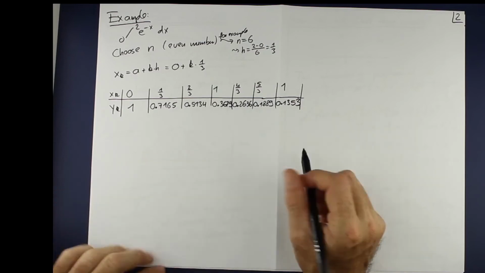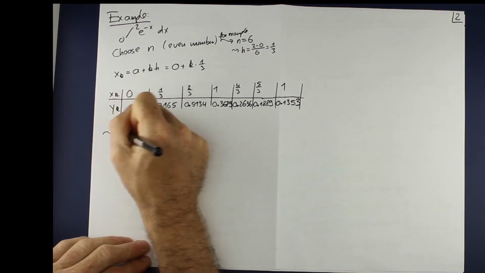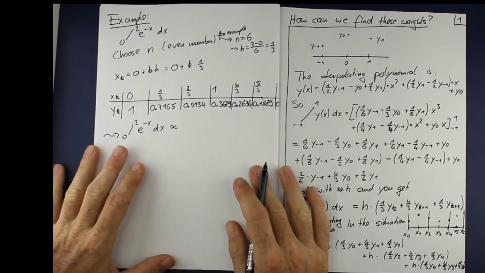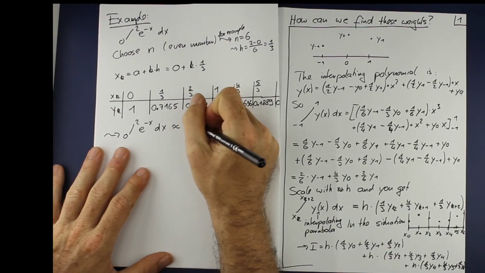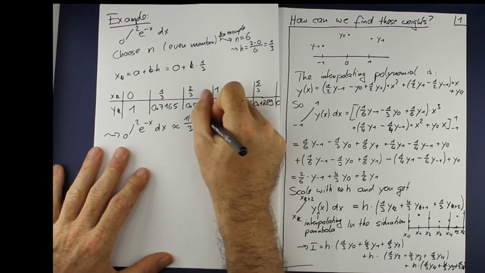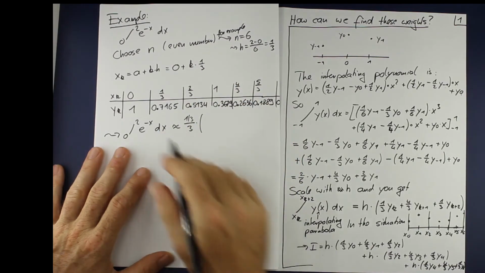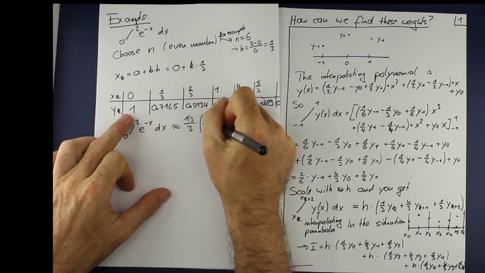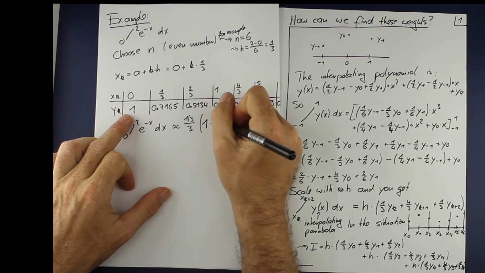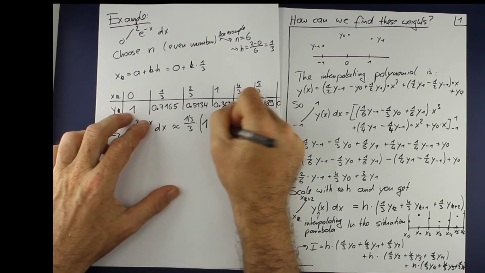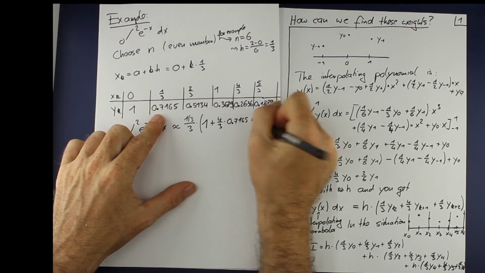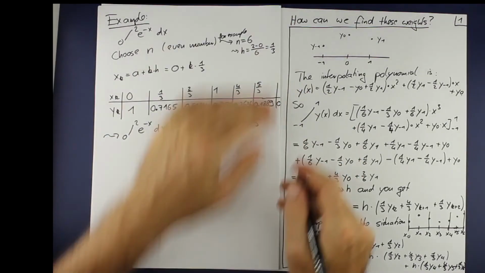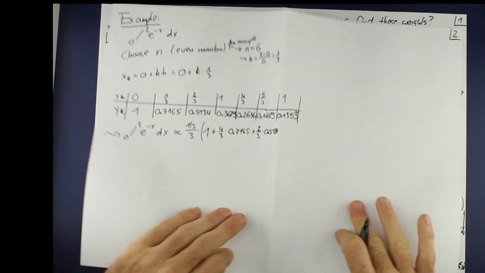And now let's apply our Simpson rule, and we get h divided by 3, that's the formula in our script, times the first value unmodified plus 4 divided by 3 times the second value plus 2 divided by 3 times the third value, and so on.